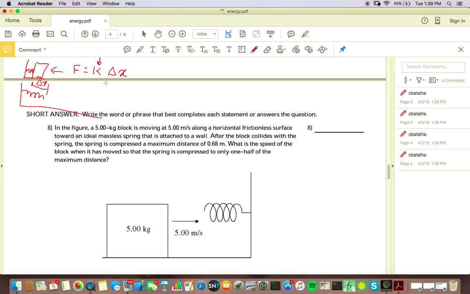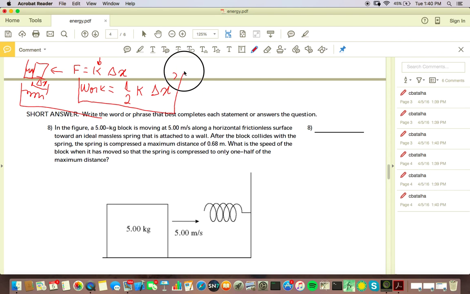Now, what is the work done by this force? Or in other words, what is the energy used to do this compression? The work done to compress the spring, as we saw also last Saturday, is equal to half the spring constant times del x squared.